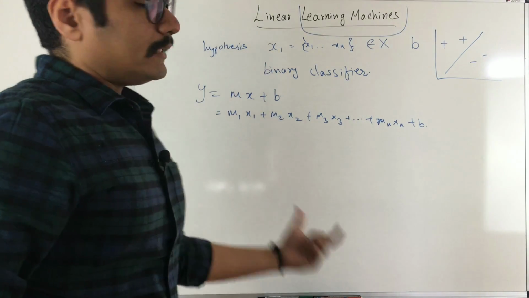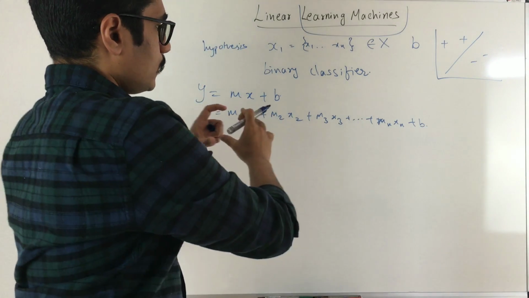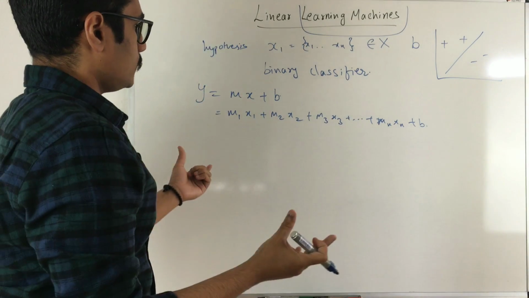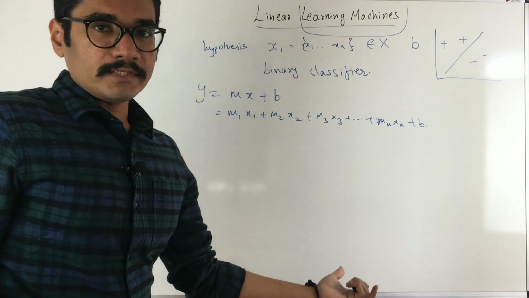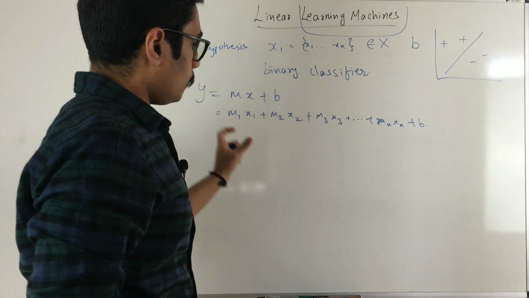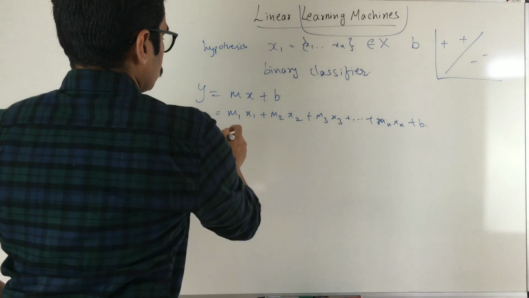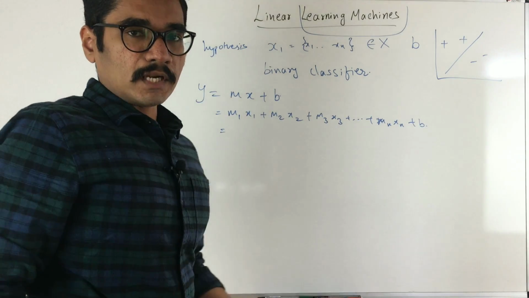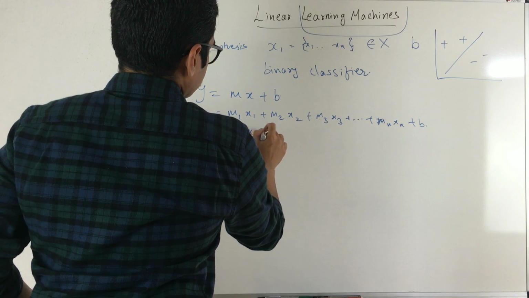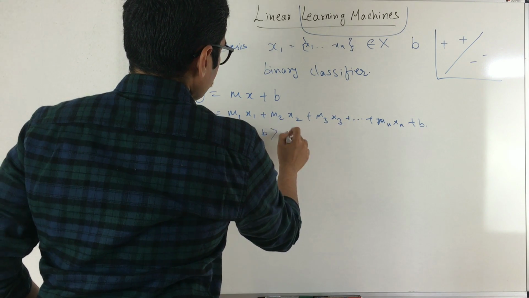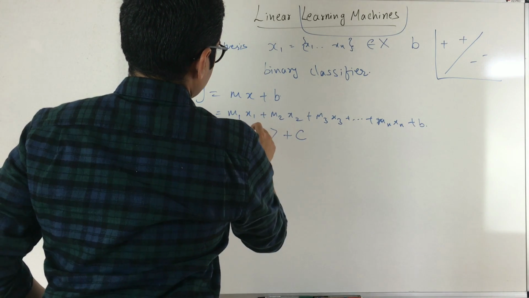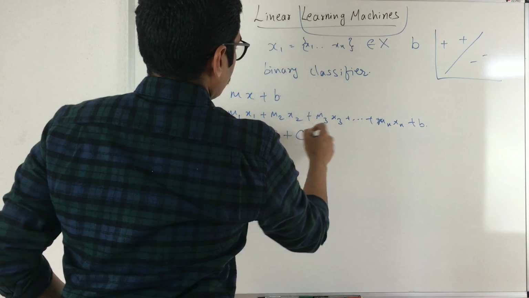So how do you represent this, because this is a very expanded form? This is the element-wise multiplication that you do with the help of the slope as well as the input vectors. In a more generalized way, you can represent this as the dot product of x and b, plus some constant c, or in this example you can have mx plus b.